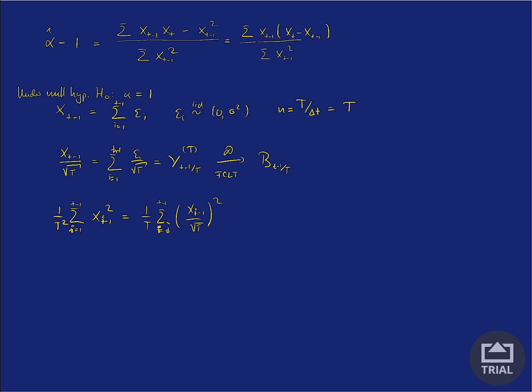So what we have here is the partial sum process here. We take squares and sums. Now this here can be expressed in terms of the process y at time t minus 1 over t.